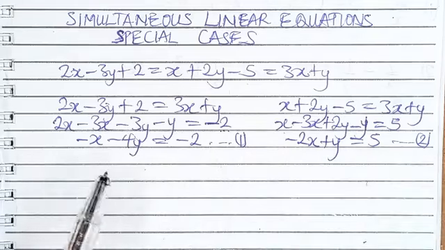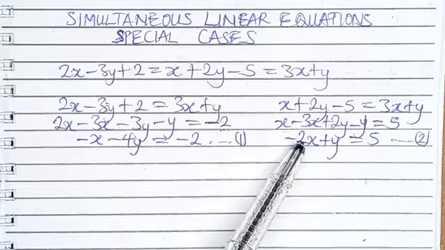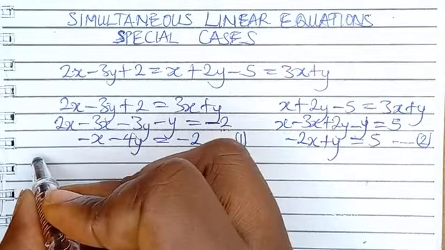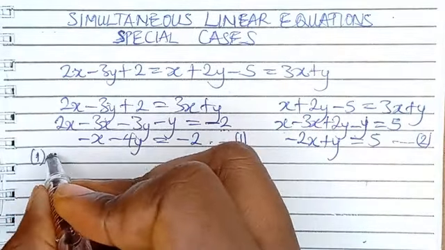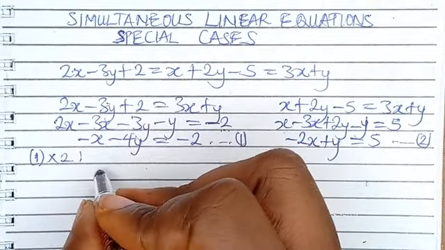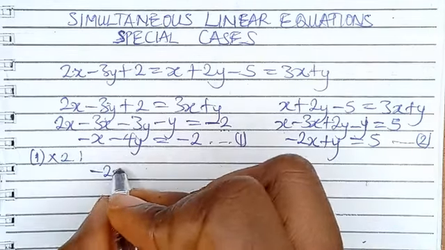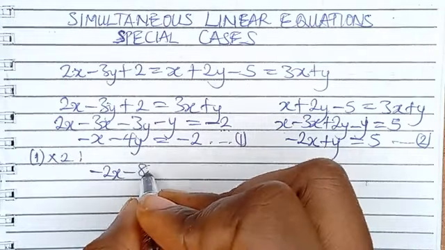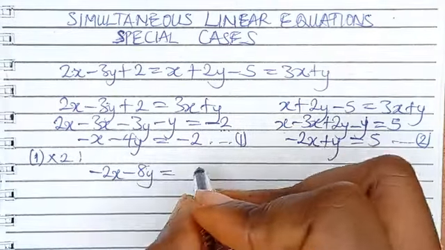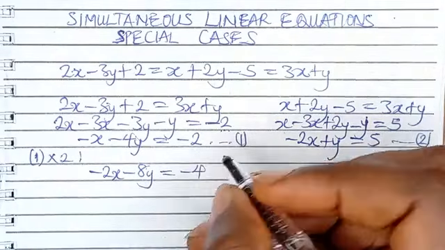So what I'm going to do is I'm going to multiply equation 1 by 2. So we have 2x here just like we have 2x here. So equation 1 multiplied by 2 gives, let me have that here to create space for minus 2x minus 8y, that is multiplying this. 2 times minus 2 is minus 4.